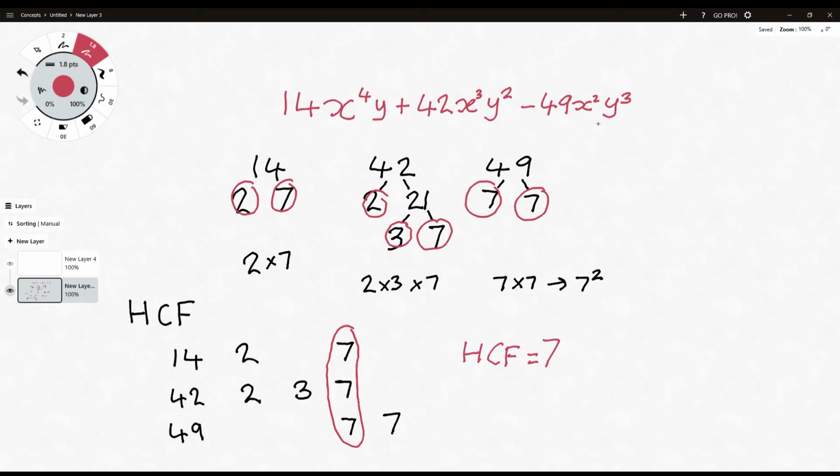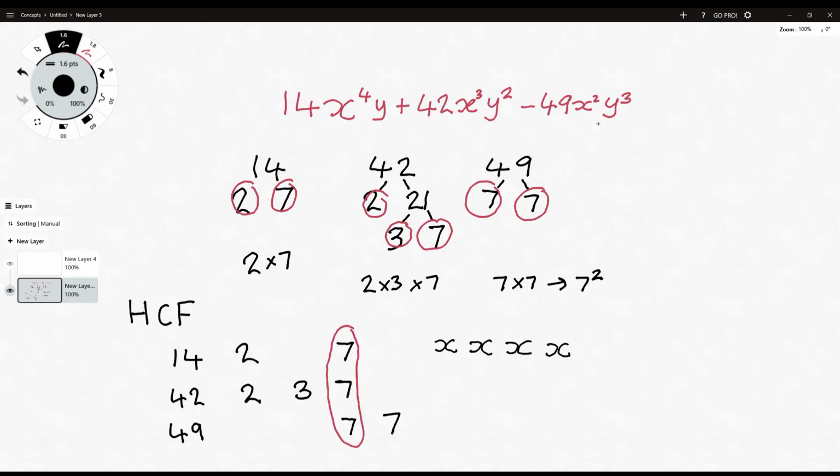Now we can actually put these into our table as well. We'll now do the algebraic terms for 14, which is x, x, x, and x.